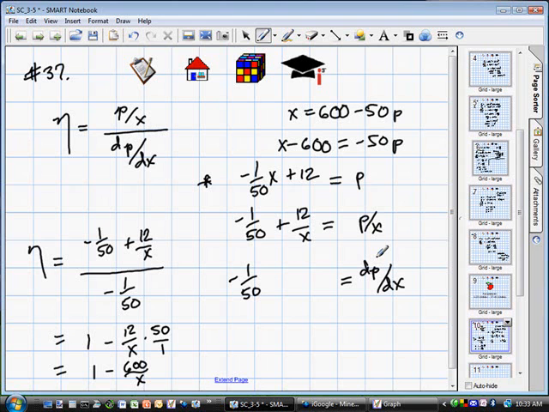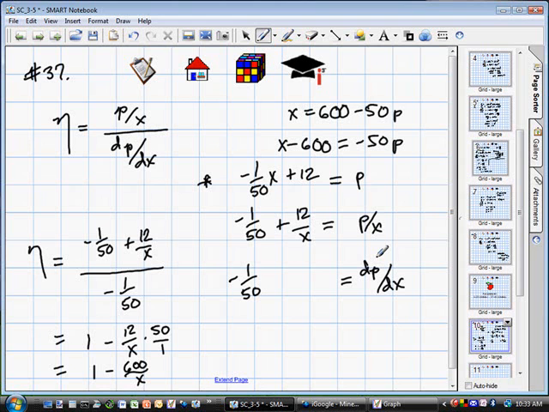Now, one more thing I've got to look up. The key number is when the elasticity of demand, the absolute value of it, equals 1.